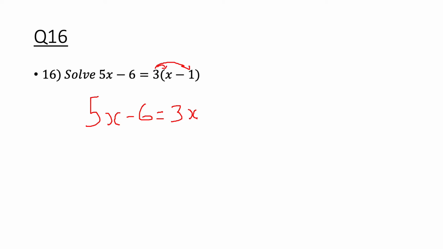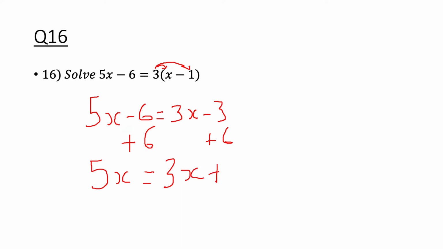I'm now going to add 6 to both sides. So adding 6 to both sides, I'm going to get 5x on the left-hand side equals 3x plus 3. Okay, minus 3 plus 6 is positive 3.